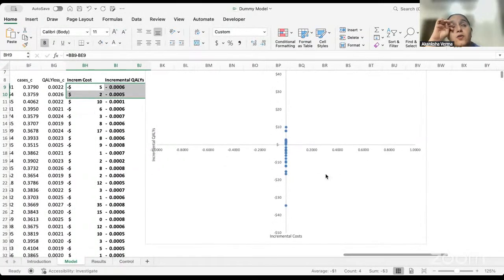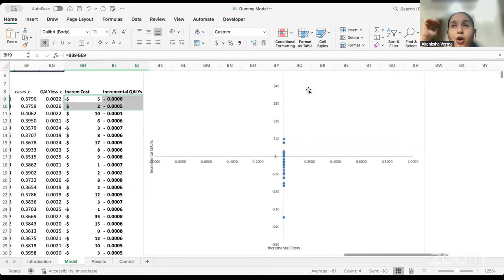So this way you do your probabilistic sensitivity analysis. This is a basic way to do it. I have just shown you how the VBA commands in Excel, or how R, does it in the background. Once it is done, you plot all these PSA results along with your base case results.